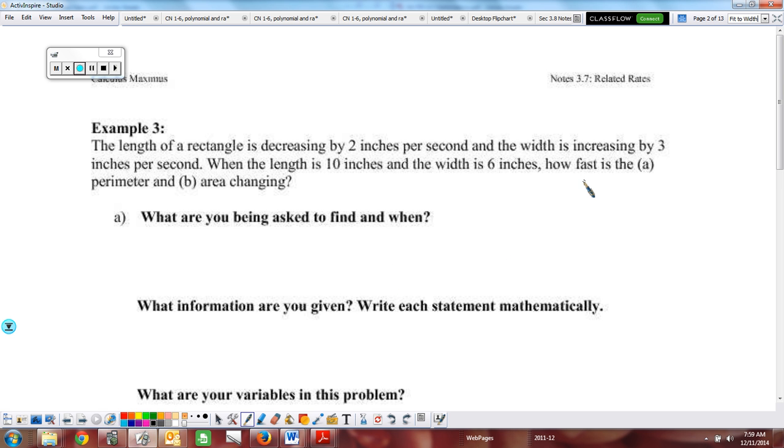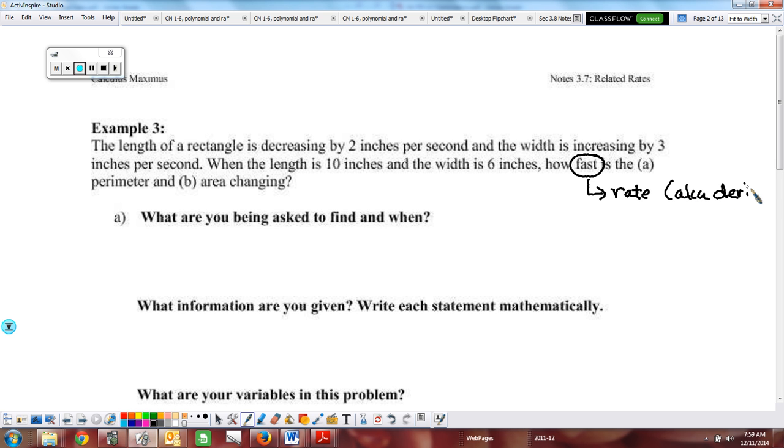And so what you see right here is, as you read through, you're given some information, which we'll come back and talk about, and some given length and width. And then they ask, how fast is the perimeter changing and how fast is the area changing? The "how fast" is telling you that you're looking for a rate, aka a derivative.